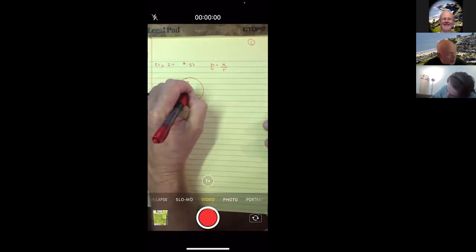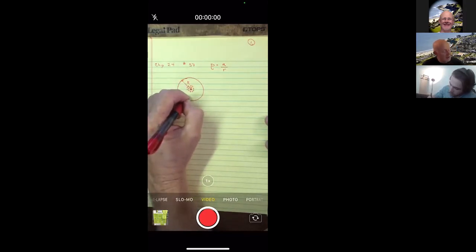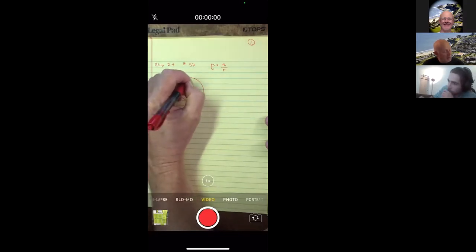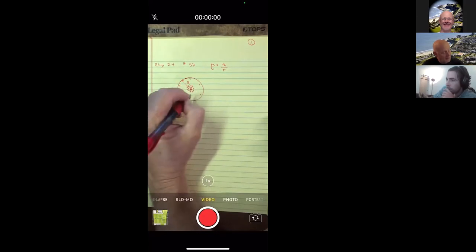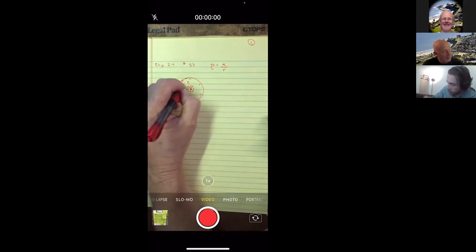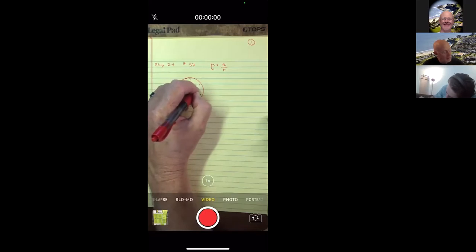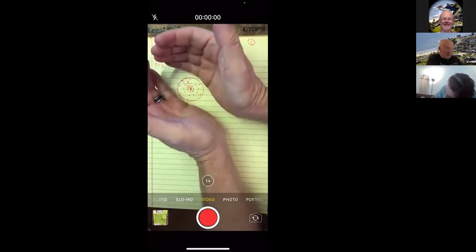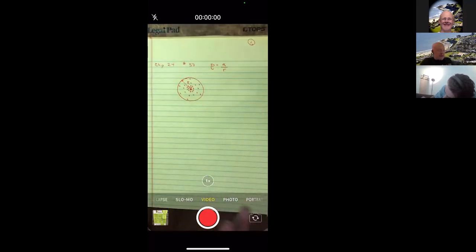So it's really concentrated in the center of this and tapers off as we get to the edges. Maybe that would be a good drawing. So really concentrated in the center, and as we move outward, less and less density. Okay, there, less and less concentration.